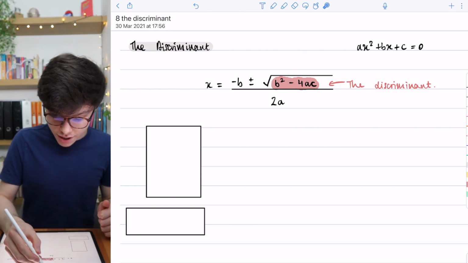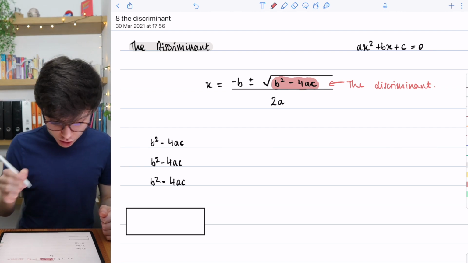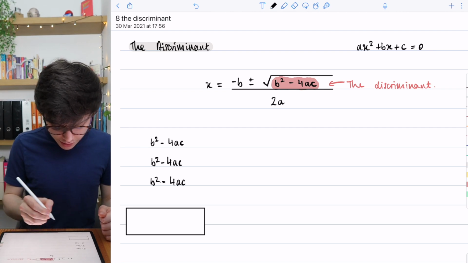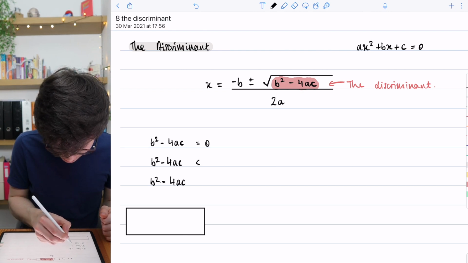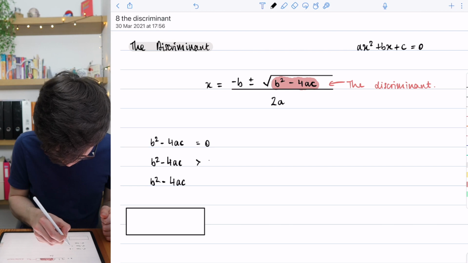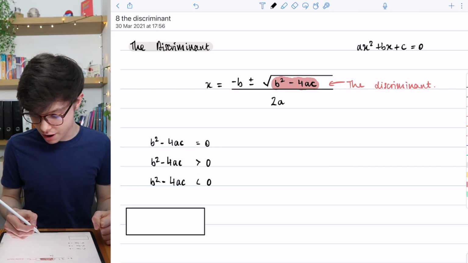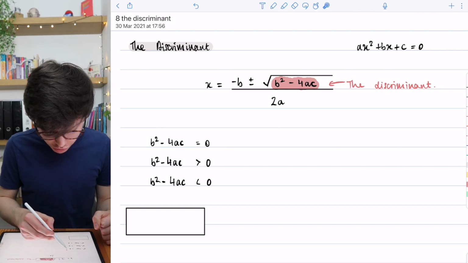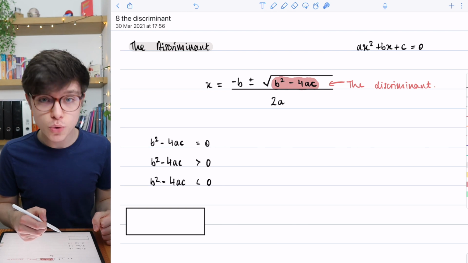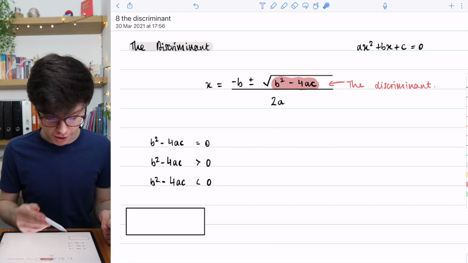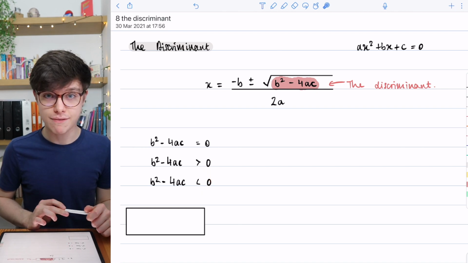Under this little box, I've got 3 copies of the discriminant, and we said it can be greater than 0, less than 0, or equal to 0. Those are the 3 situations of the discriminant.